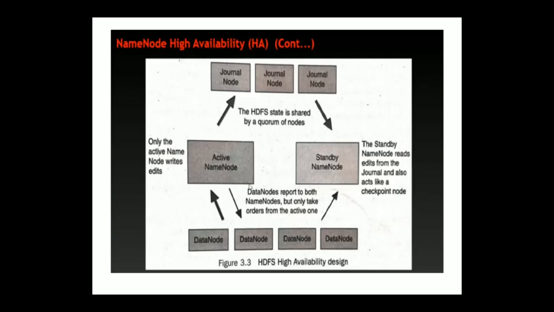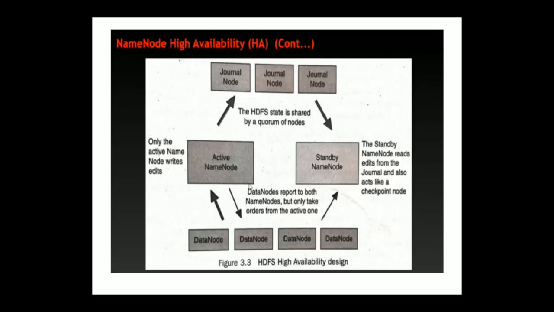Only the active name node writes edits. The standby name node reads edits from the journal and also acts like a checkpoint node, which I have already explained in the previous part. The standby node or secondary name node works only as the checkpoint node.